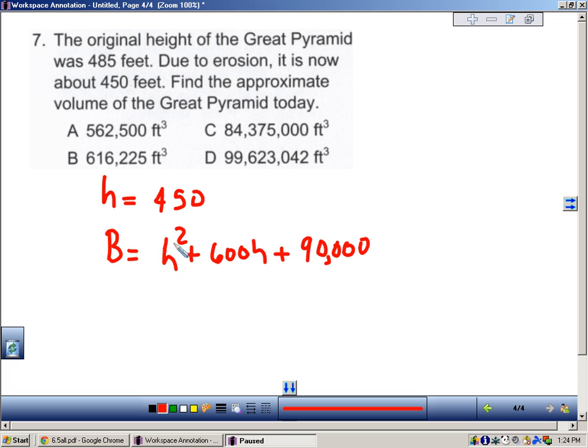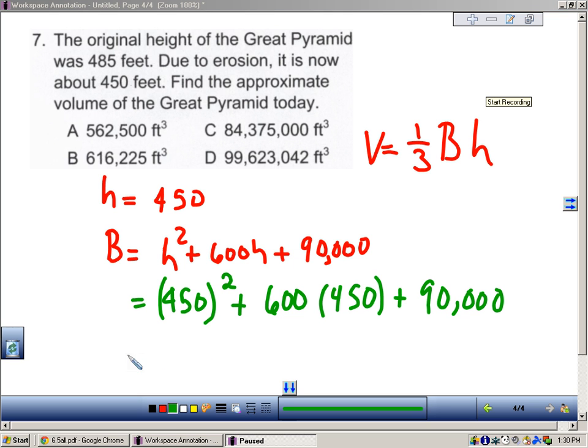And so we now can substitute 450 in for this expression, and then eventually calculate the volume. To find the volume, I've got to know what the area of the base is. So we know what h is, 450. So let's do some math here with my calculator.